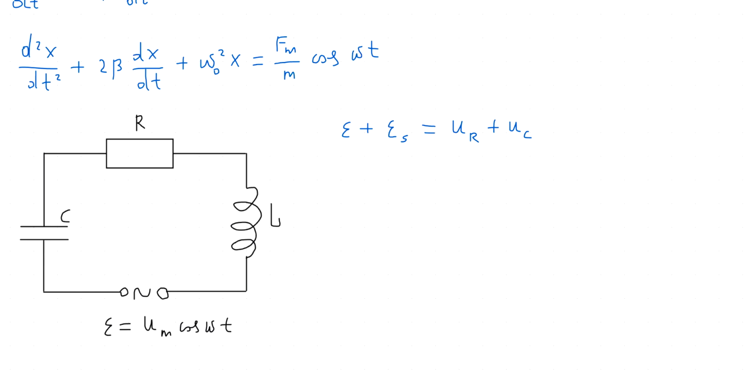According to the condition, the electromotive force is a periodic function of time, and it is equal to Um cosine omega t. Okay, what about the electromotive force of self-induction?